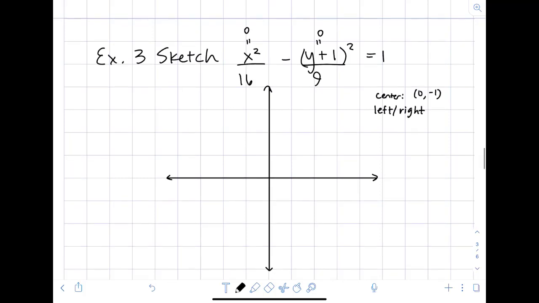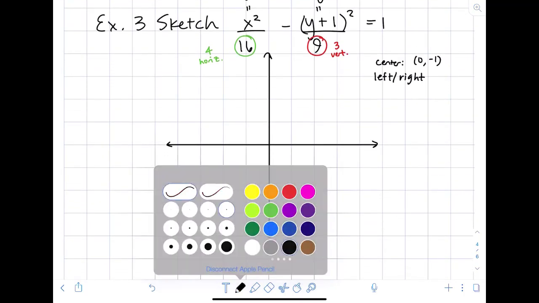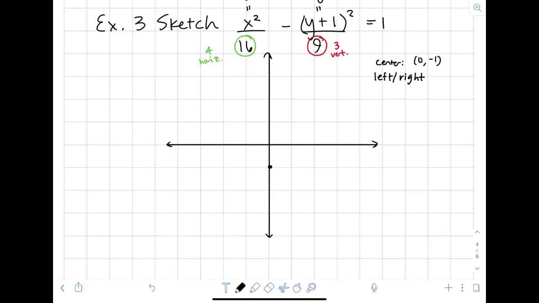Okay. And in the x direction, we're counting out 4 units. And in the up and down vertical direction, it's going to be 3 units. Okay, so let's get this start of the box down. So the center is 0, negative 1. We're counting 3 in the vertical.